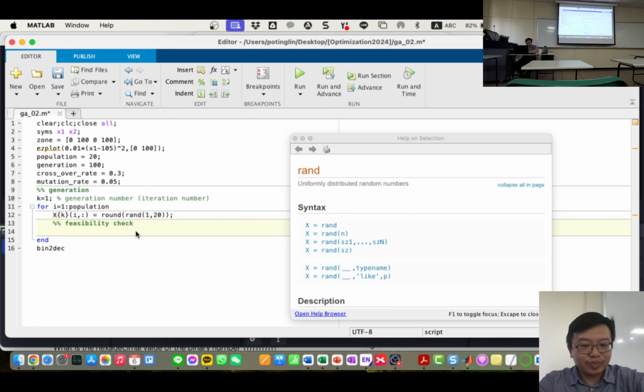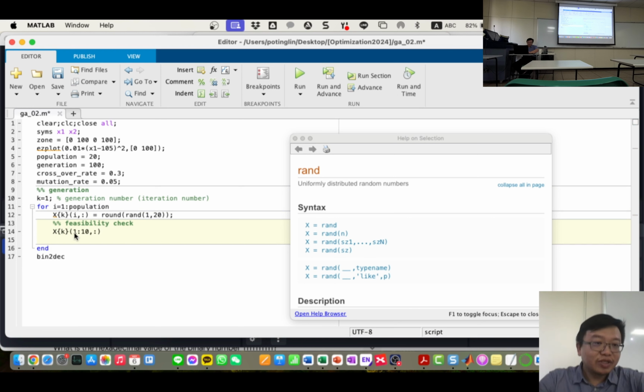So k, 1 to 10, comma, column. This is the first half. And 11 to the last one. This will be my second half of the chromosome.